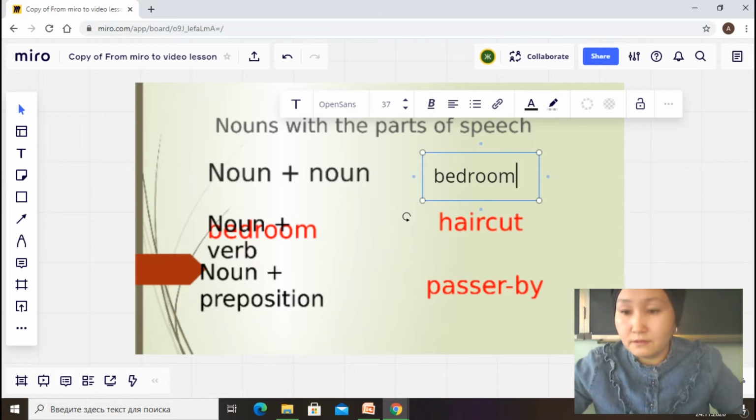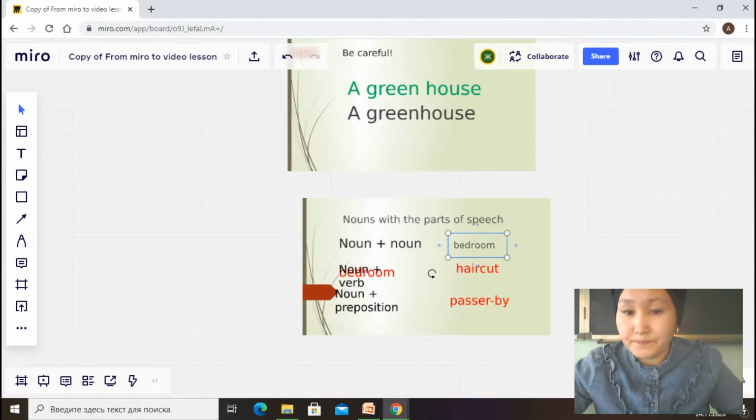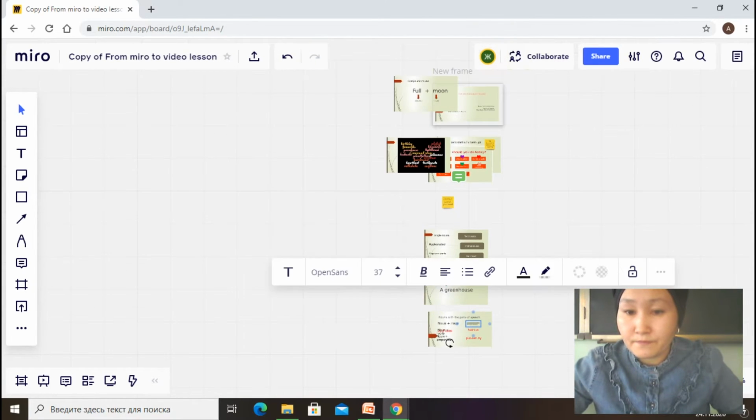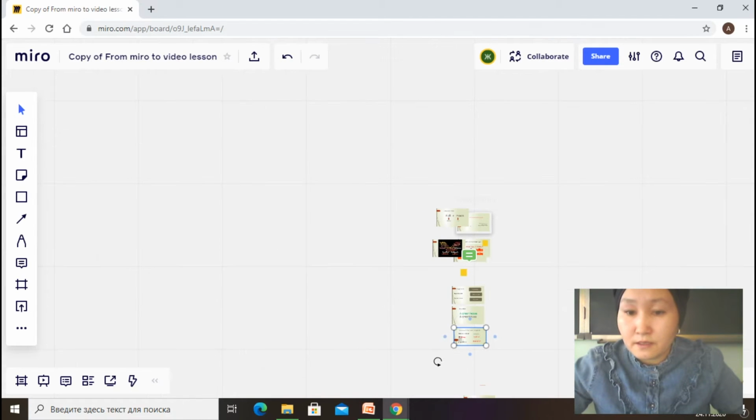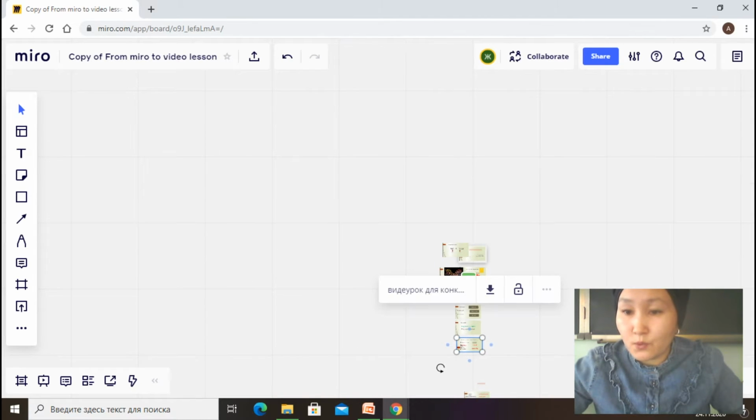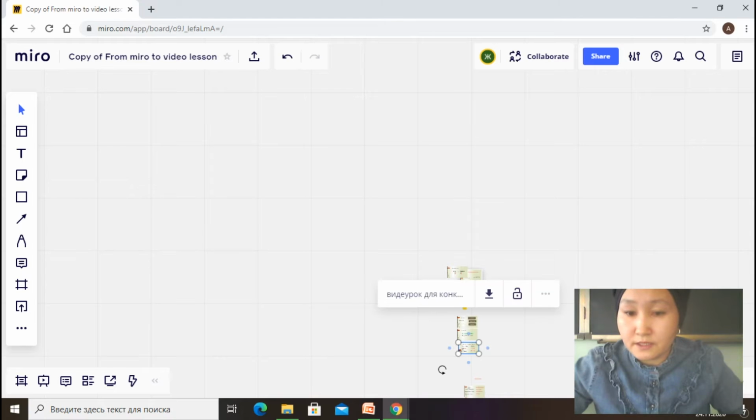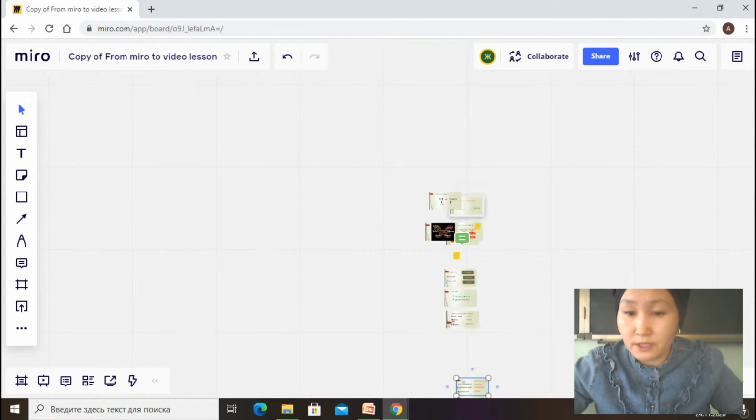Hair is a noun, cut is a verb. Haircut. Passerby. Passer is a noun, by is a preposition. Passerby. These are examples of how we can use different parts of speech with compound nouns.